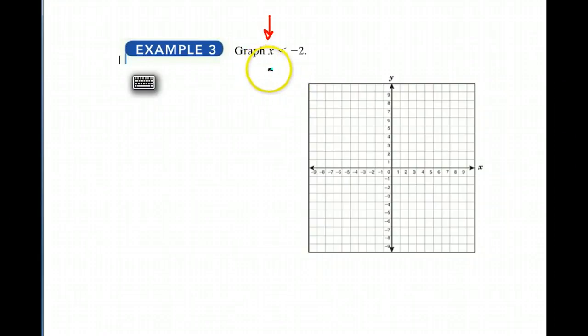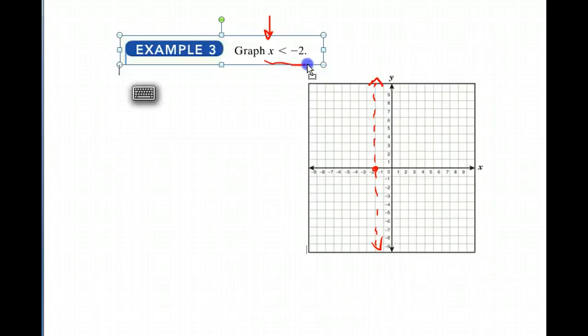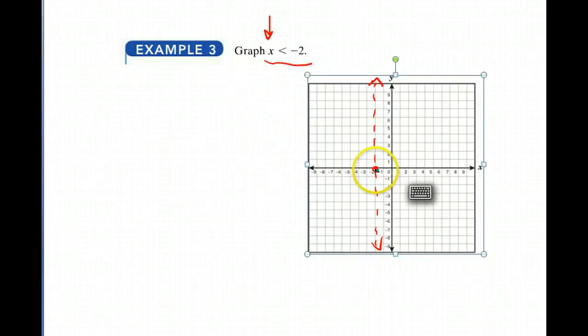So what you do in this situation is we're going to have a point on -2, and then we need to decide whether or not we should use a dashed or solid line. For this problem, since it's a less than, we would want to use a dashed line that goes through x equals -2.